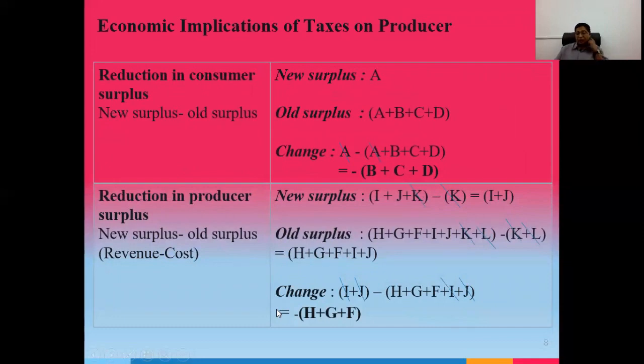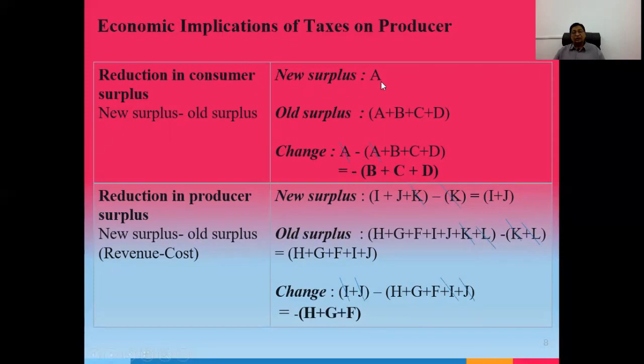I would like to summarize what I have discussed so far with the help of demand and supply curves. Now I would like to focus your attention on the reduction in consumer surplus. The reduction in consumer surplus is given by the difference between the new surplus and the old surplus.